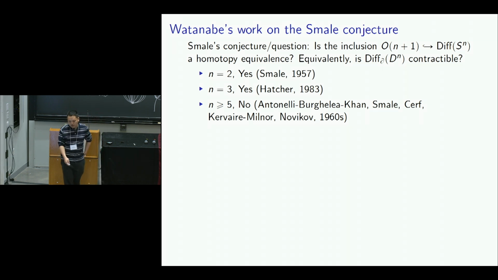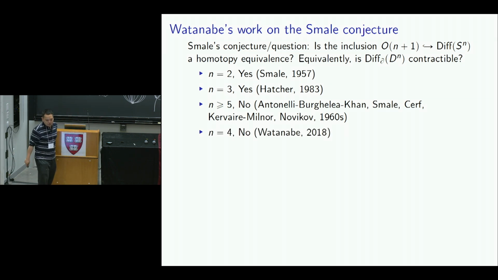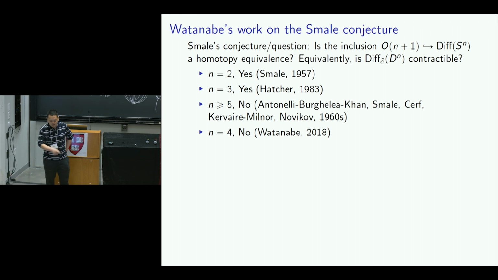This is the dimension where you cannot use lower dimensional techniques, and the higher dimensional techniques also don't quite work. But eventually the n equals 4 case was disproved by Watanabe, who showed that this inclusion is not a homotopy equivalence. I will spend the rest of my talk discussing Watanabe's work and how we understand it.